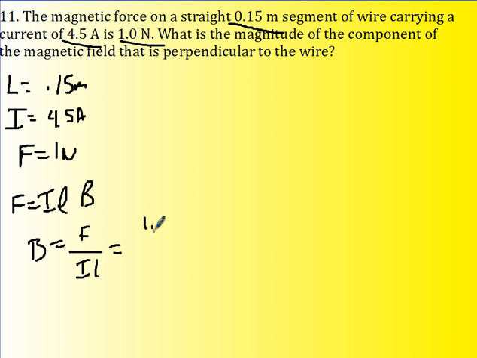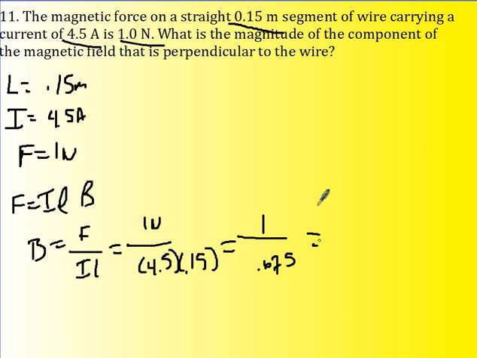The force is 1 newton. I is 4.5 times L, which is 0.15. Go on and multiply this out. 4.5 times 0.15 is 0.675. Now, 1 divided by 0.675 is 1.48 Teslas.